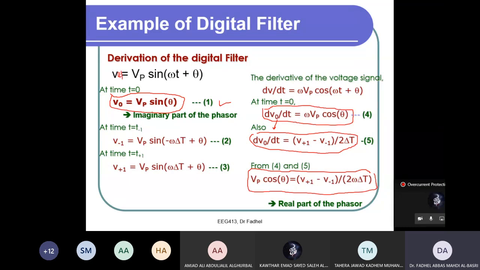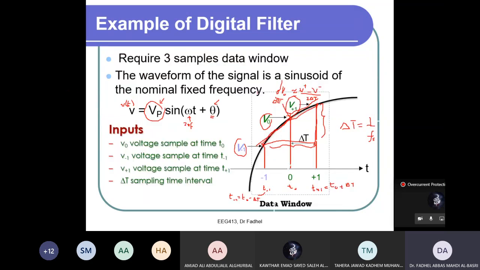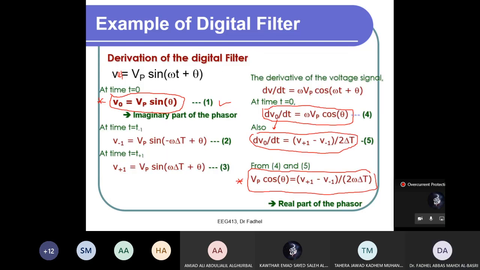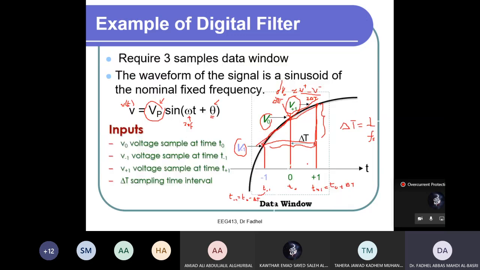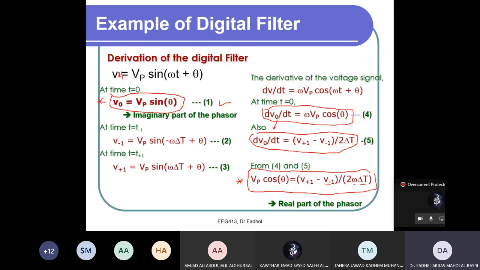This is star, and I'll put here star. So from these two equations, I have VB sine theta equal to V naught, and V naught is known to me, which is the value here. And VB cosine theta is equal to this, which is known information. Omega is known, since it is 2 pi F, and delta T is known to me, because I know the sampling frequency.